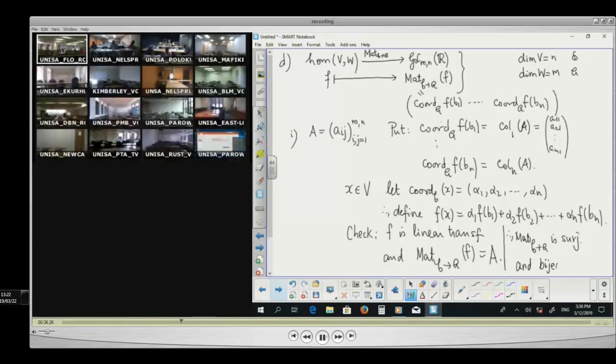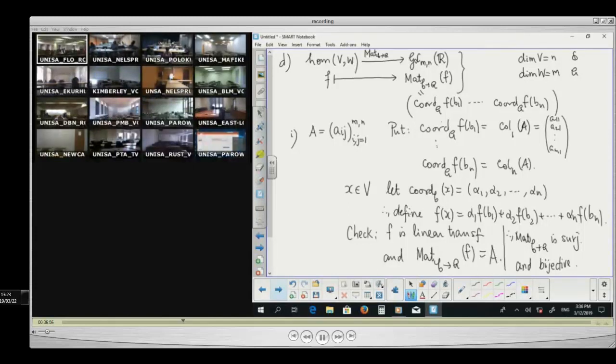So it's a bijective function. You see, the notion of a bijection was a relabeling. Just as coordinatization relabels the vectors as members of Rn, matrix presentation relabels your linear transformations as matrices. Okay?